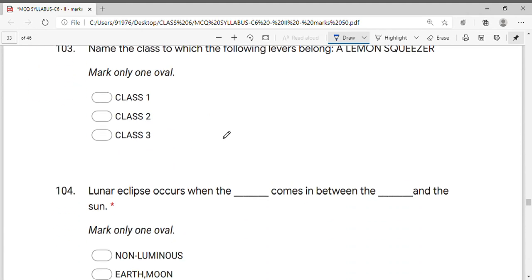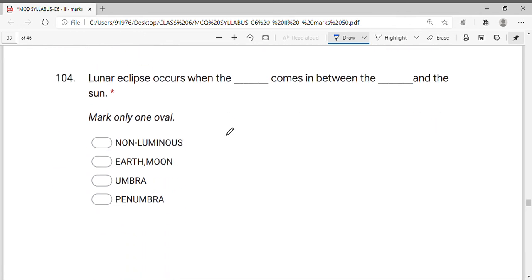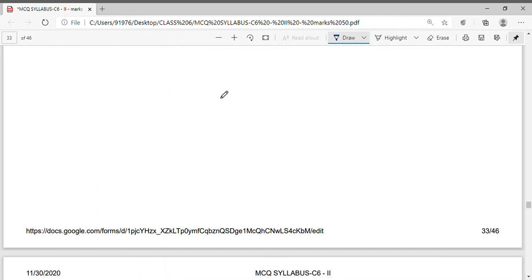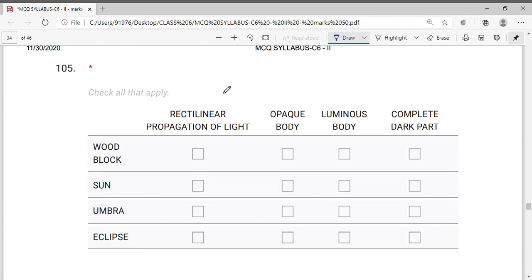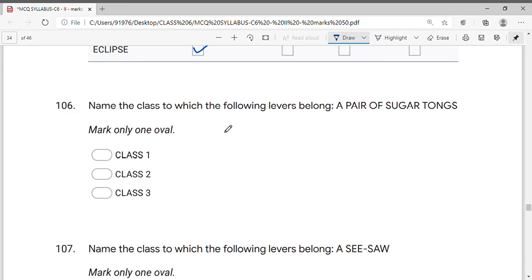Lemon squeezer, class 2 lever. Lunar eclipse occurs when Earth comes in between the Sun and Moon. Again this word is opaque. Sun, luminous body. Umbra, completely dark. And eclipse is rectilinear motion. Name the class: a pair of sugar tongs is class 3 lever.